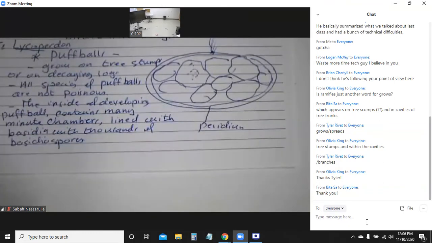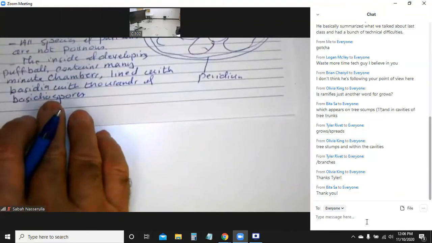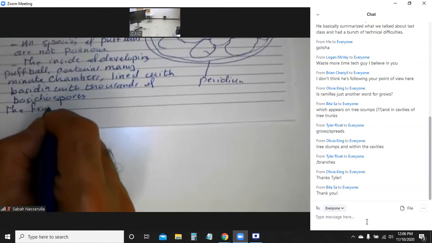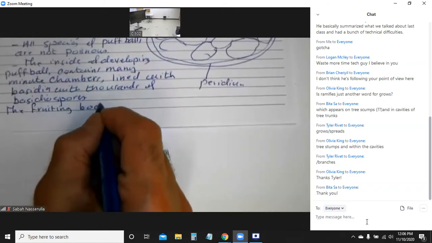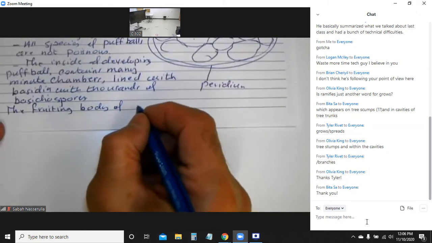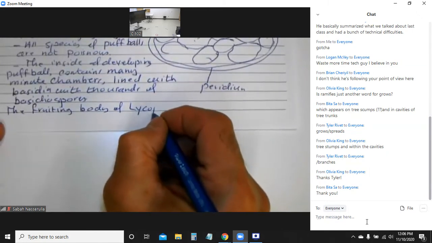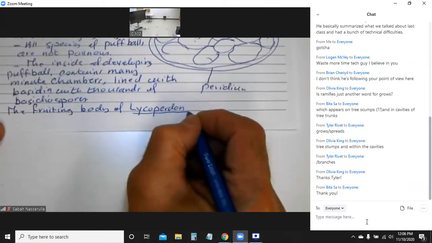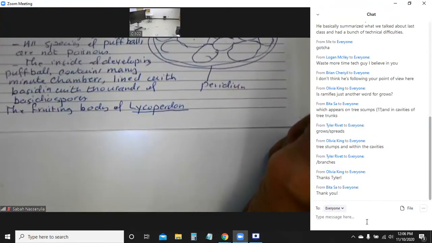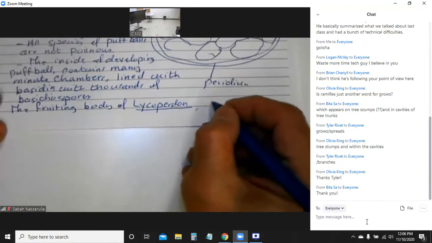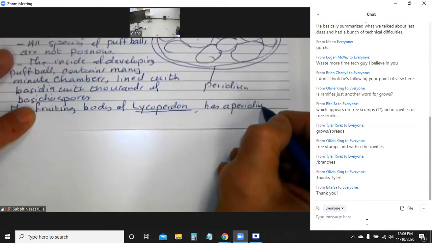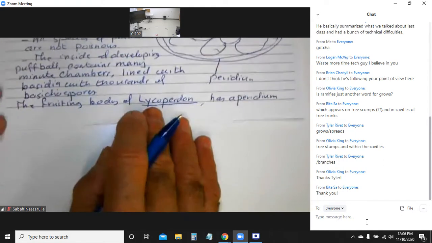To talk about this one, the fruiting body of Lycoperdon, and most of the time this genus also falls under what you call the giant puffball, because sometimes they reach quite big, as a matter of fact, has a peridium composed of 2 layers.